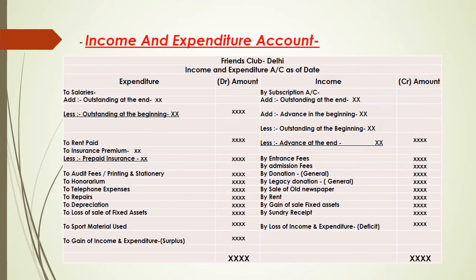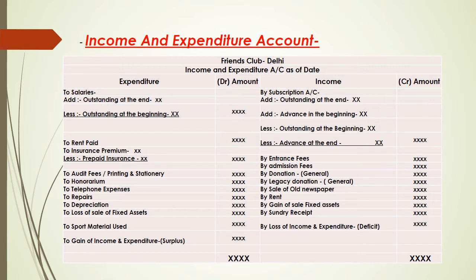In this subscription account there are four add and less items. If any person has not paid an amount related to the current year, that is outstanding at the end of the year. Any amount related to the previous year but received this year is outstanding at the beginning.